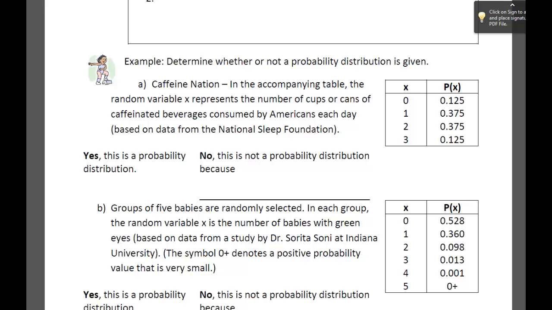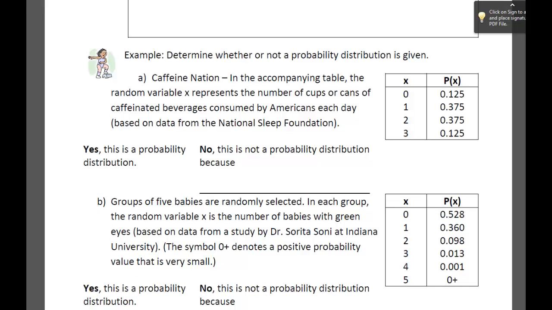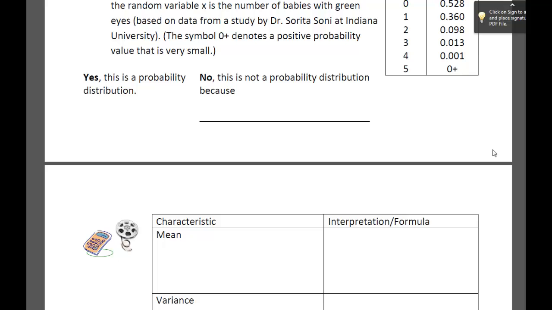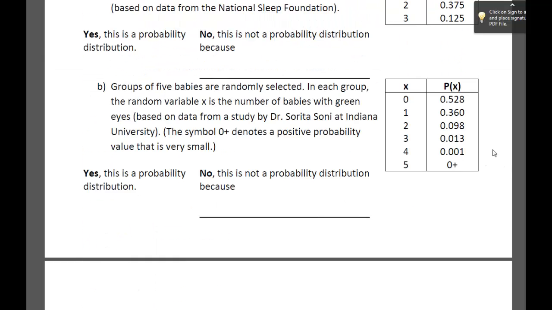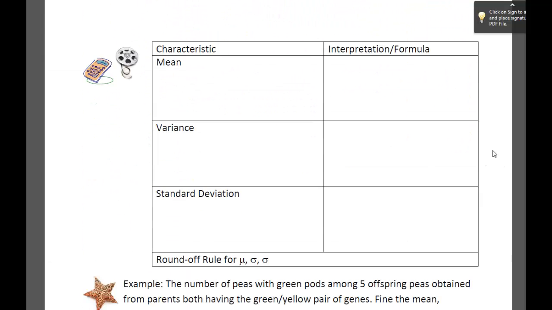Yes, approximately. There could be some round off error, but it should be approximately 1. And again, we see that each value is between 0 and 1. So this one is also a probability distribution. All right, so that's what we're looking for in order for it to be valid.